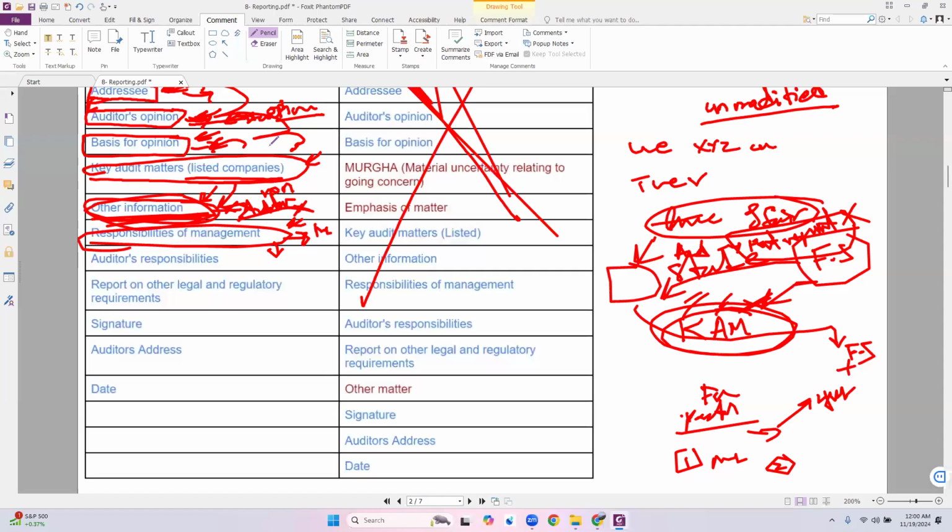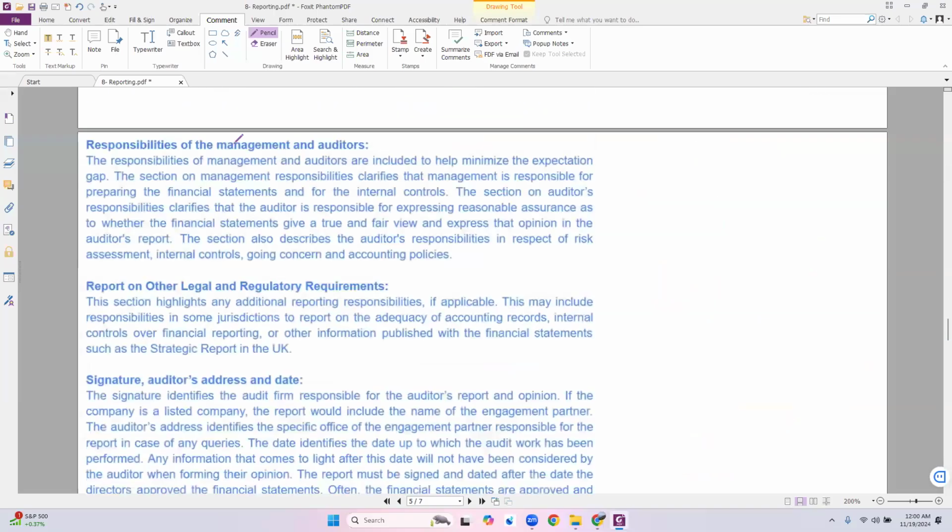So basically, the auditor is just explaining the responsibilities of the management to the users themselves. It is written here; you can read it afterwards. Just like there was the expectation gap and different things, all of those responsibilities of the management are included here. That's it. Now let's come towards the next section.